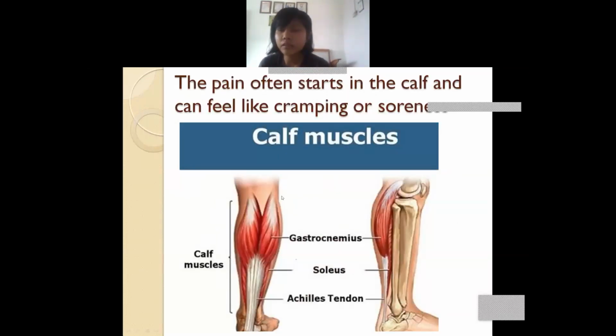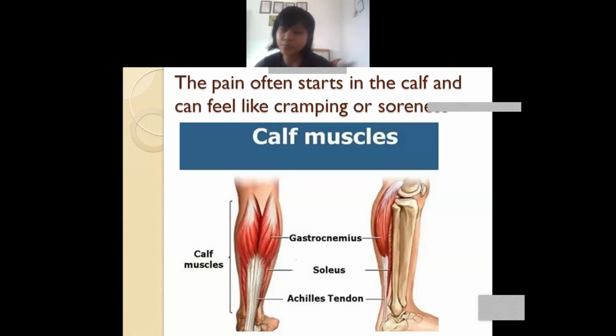Okay, in which area will it occur? In your muscle area, that is the calf muscle, C-A-L-F, calf. In the calf muscle, the pain usually occurs. And there will be cramping. Cramping means there will be muscle contraction, as well as soreness. Soreness means the person will feel pain in the leg.